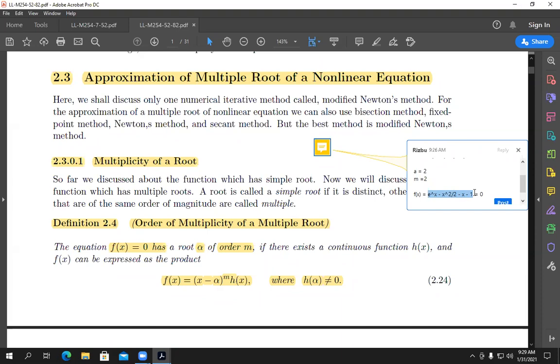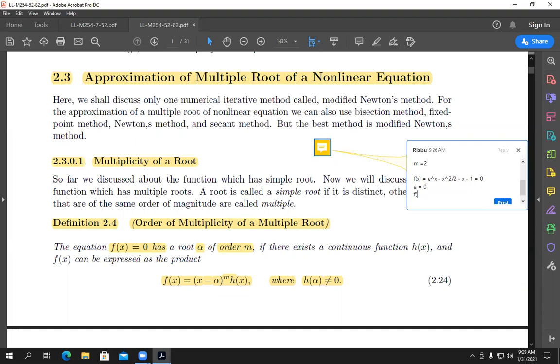So if we cannot factorize, how can we find m? Because I say this one has a root, which I call alpha, and alpha is 0. And you can easily check.